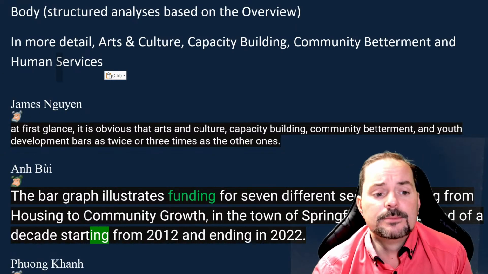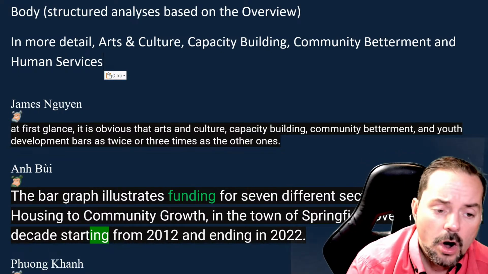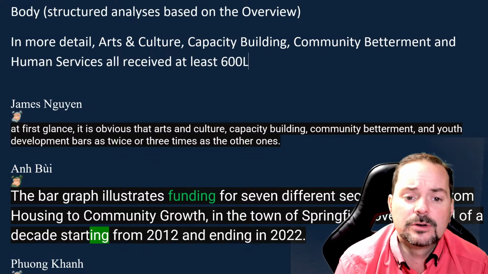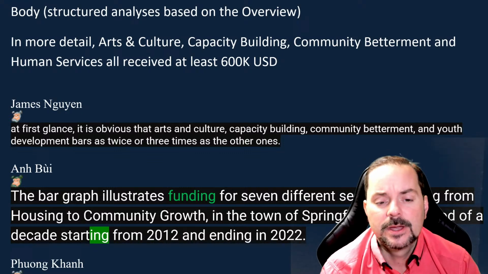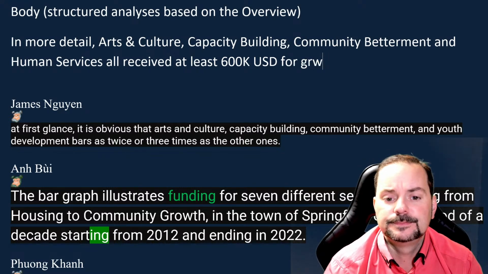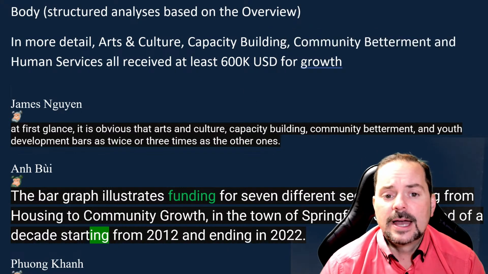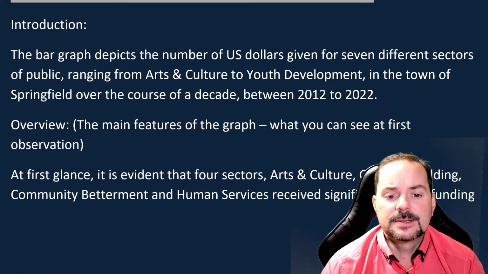Okay. So in more detail, arts and culture, capacity building, community betterment, and human services all received at least 600,000 US dollars, okay, for growth. All right. Now, notice how I used USD here as US dollars. So here in the introduction, okay, I'm saying the bar graph depicts the number of US dollars.